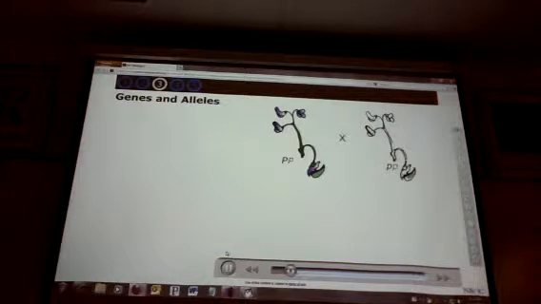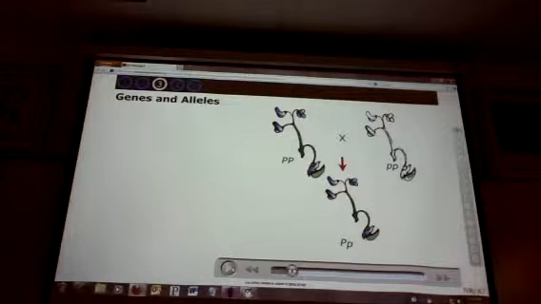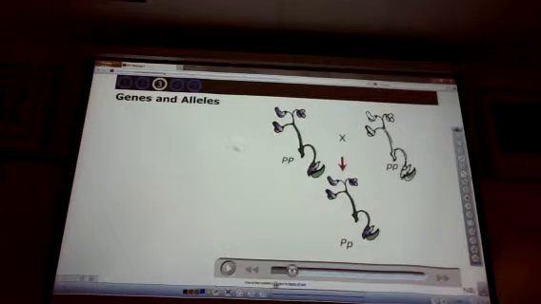For each trait, an organism inherits two alleles, one from each parent. Remember here now, this is diploid, isn't it? But you only pass one of these on. Let's see if some of you can get this. What's this structure called right here? Tetrad, right? Big P, and of course this will be big P. What happens?